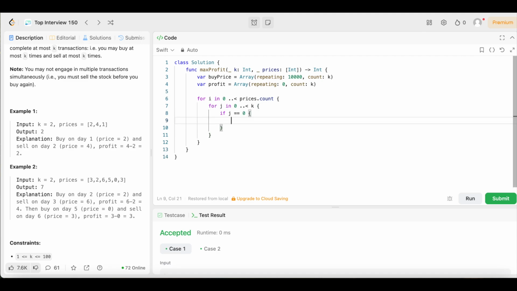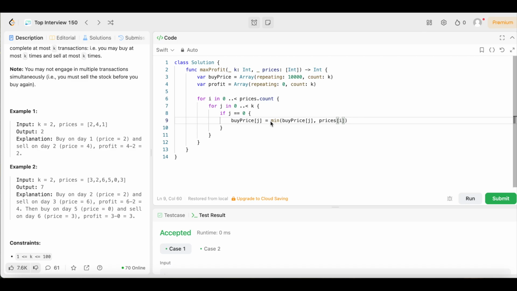Now we're going to say if j is equal to 0, we're going to open up the brackets, and for the first transaction we need to update the buy price with the minimum price that we have seen so far. So in order to do that, we just come right here and we can say buyPrice[j] equals min(buyPrice[j], prices[i]).